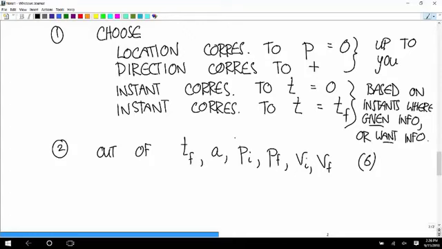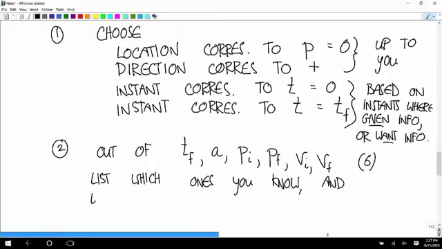They're all missing certain ones. But these are the only variables that appear in any of those. List which ones you know, and which one or ones you want.